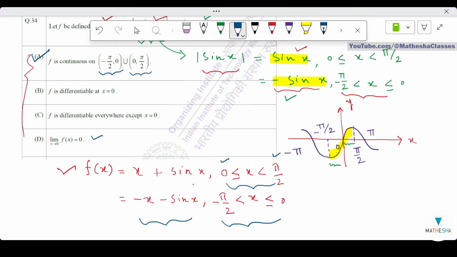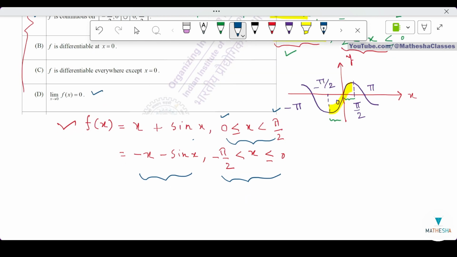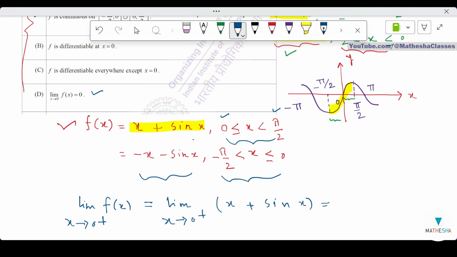You just require to check whether the left hand limit and right hand limit exist at the point 0 and are equal to 0. So what will be the right hand limit? Limit of f(x) as x tends to 0 plus, we'll be considering this expression: limit x tends to 0 plus of x plus sin x.